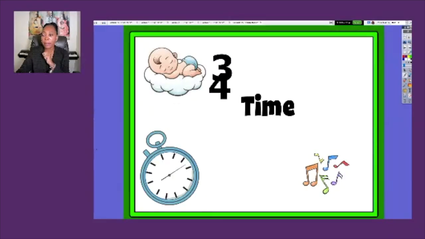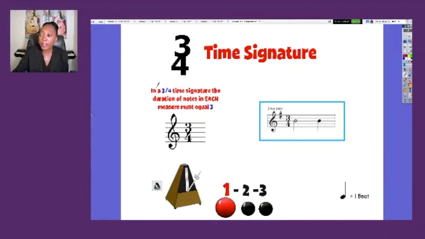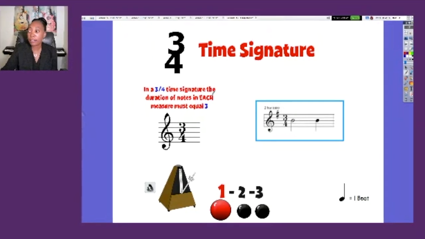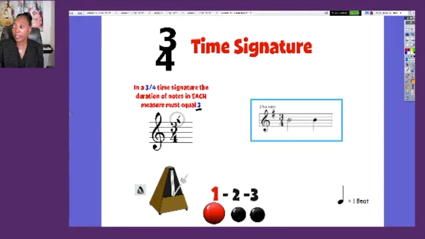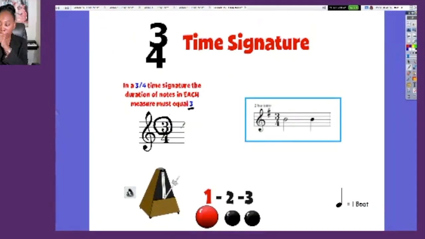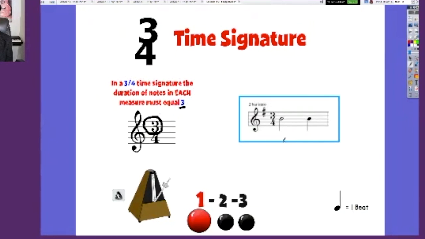Now let's go back to our time signature, 3/4 time. In a 3/4 time signature, the duration of notes in each measure equals 3. Here's our top number, and we see a 3. Here is another example.